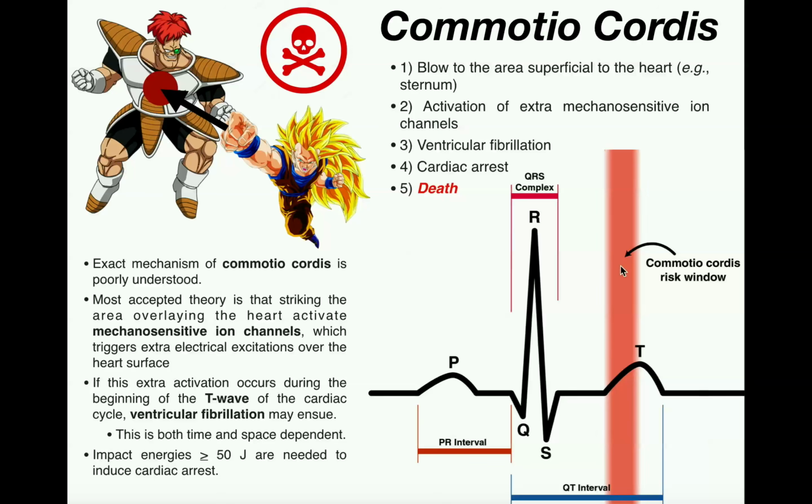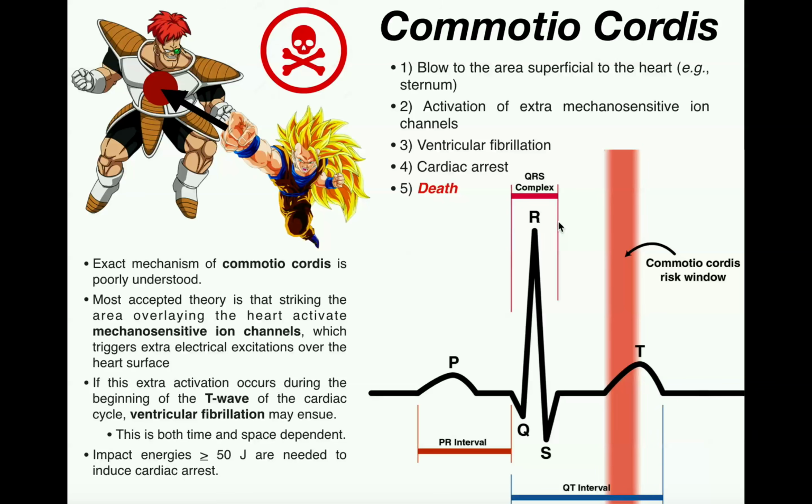Okay? But to really summarize Commotio Cordis and what's going on, you have a blow to the area superficial to the heart. Example is the sternum. That energy is translated through the sternum, or wherever it hit, directly to the heart, and it opens mechanosensitive ion channels, which cause influx of positively charged ions, which cause increased excitation, leading to a second ventricular depolarization during the T wave, which is when the relaxation is supposed to be occurring.